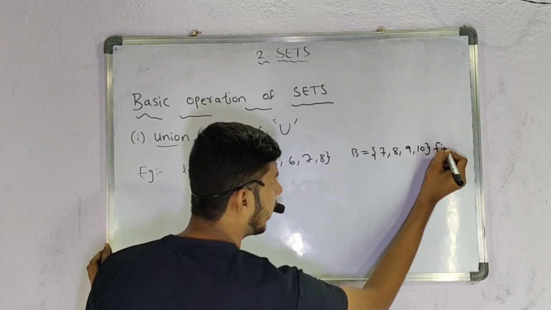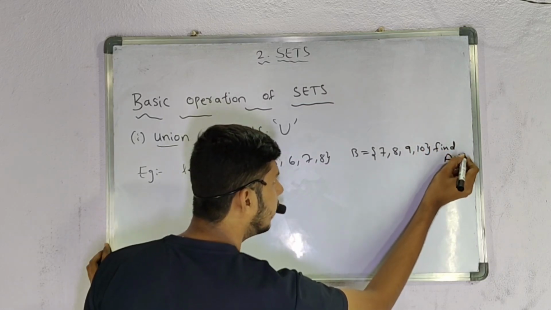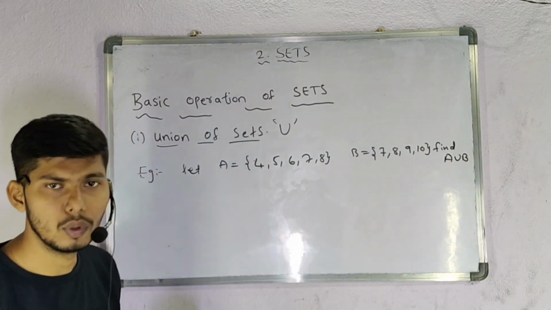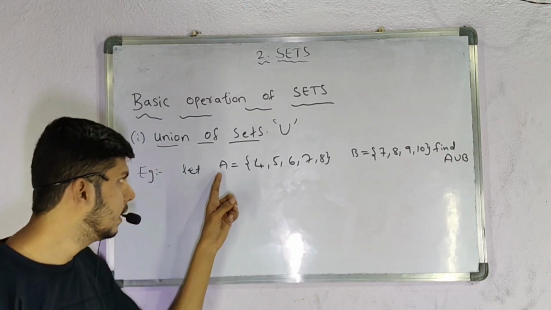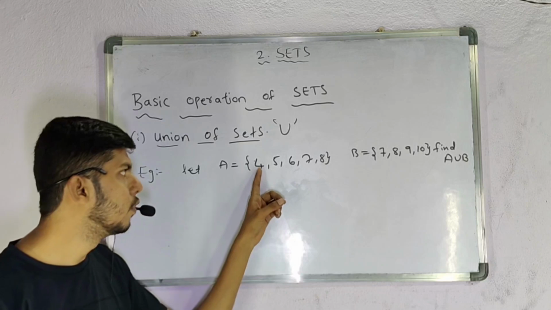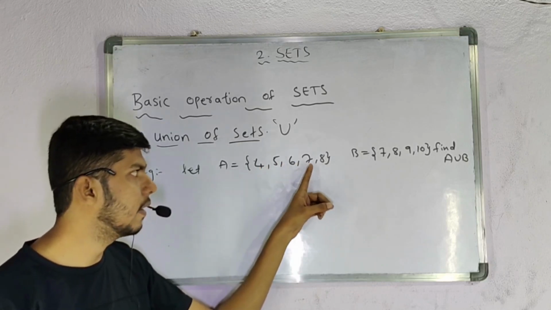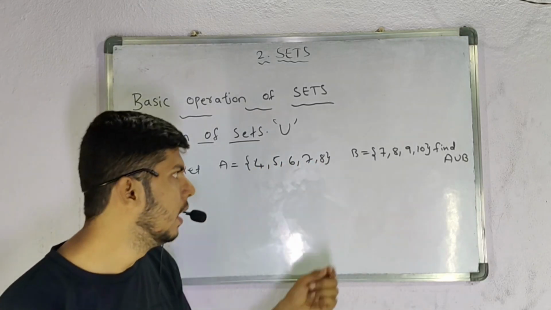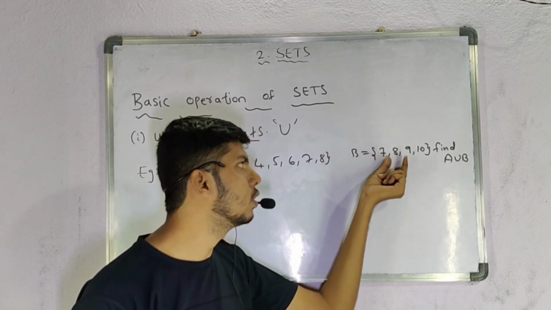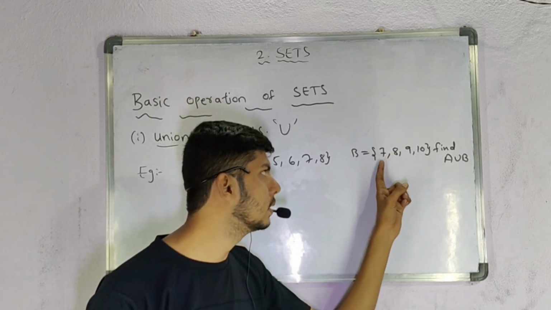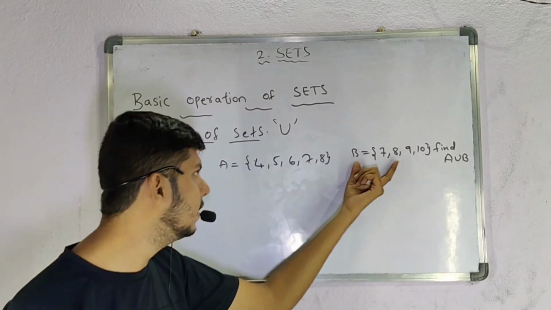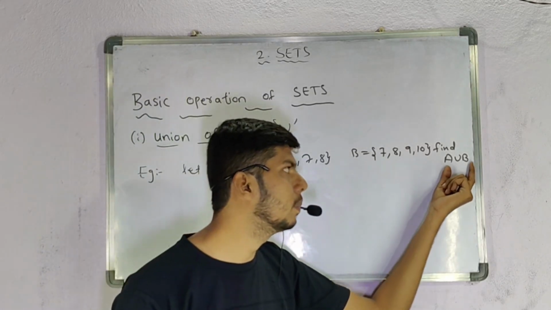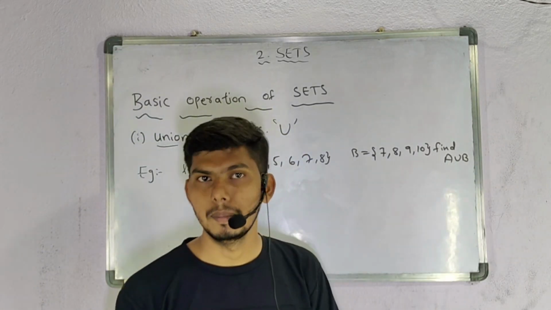Now we have to find A union B. First, learn the question. A is the set with elements 4 5 6 7 8. B set also has the elements 7 8 9 10. Taking these two sets, we have to represent A union B.